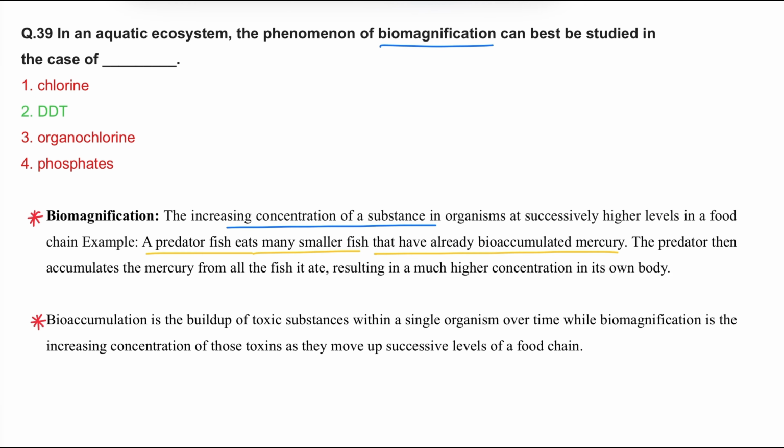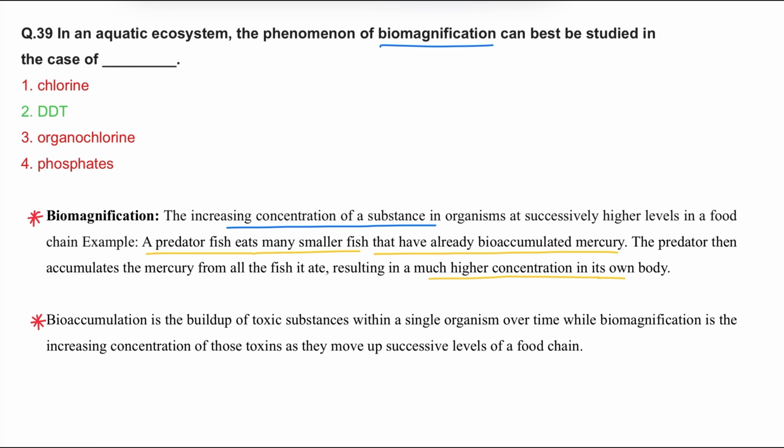The predator then accumulates the mercury from all the fish it eats, resulting in a much higher concentration in its own body. That is, the concentration of mercury is much higher in a predator fish, which is eating smaller fishes that have already bioaccumulated mercury.